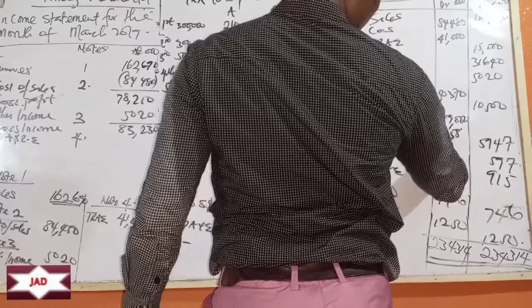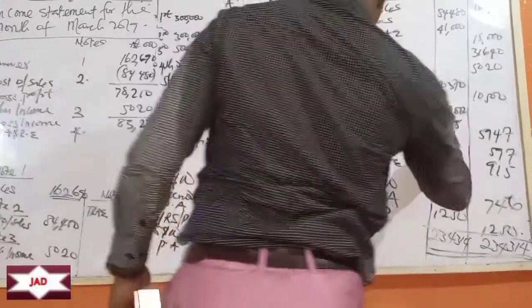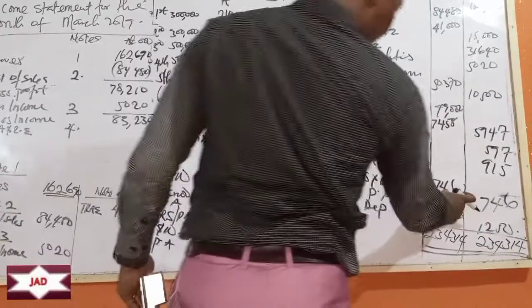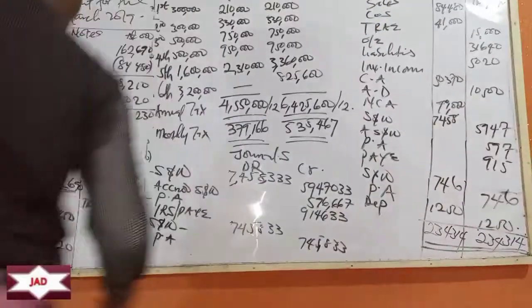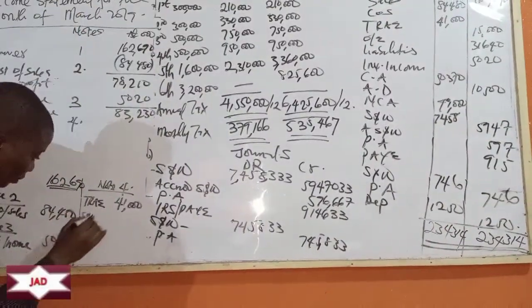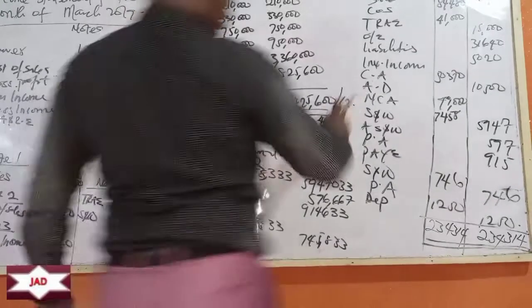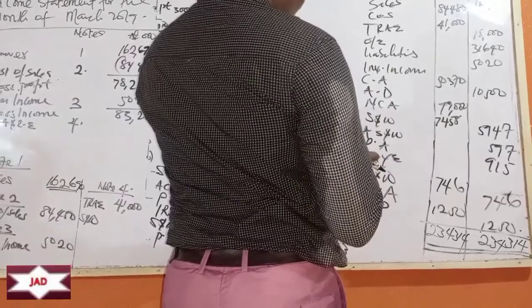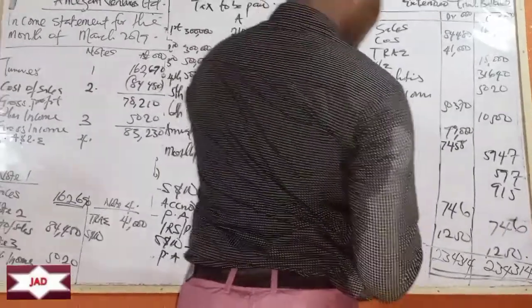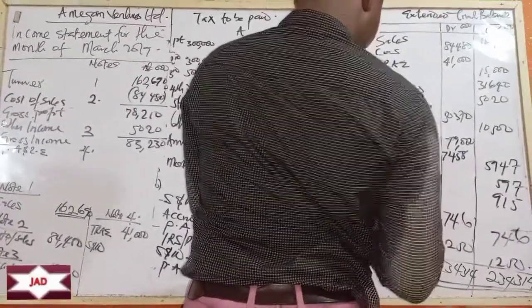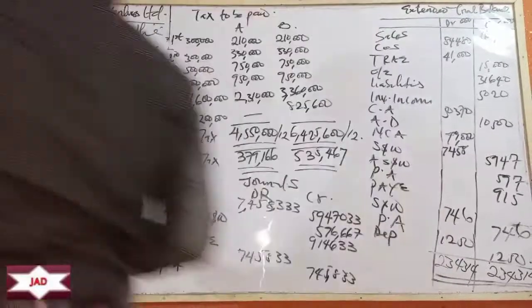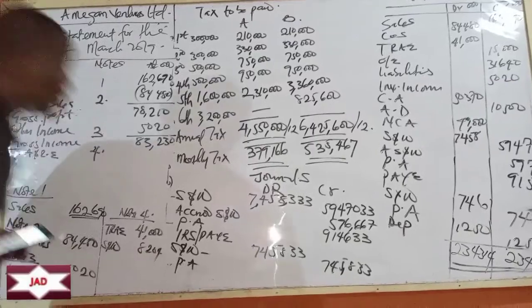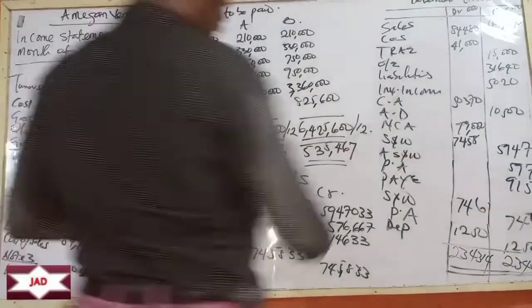Salaries and wages, 7,458. Another salary and wages is 746. So we have salaries and wages: 7,458 plus 746. That's 8,204.